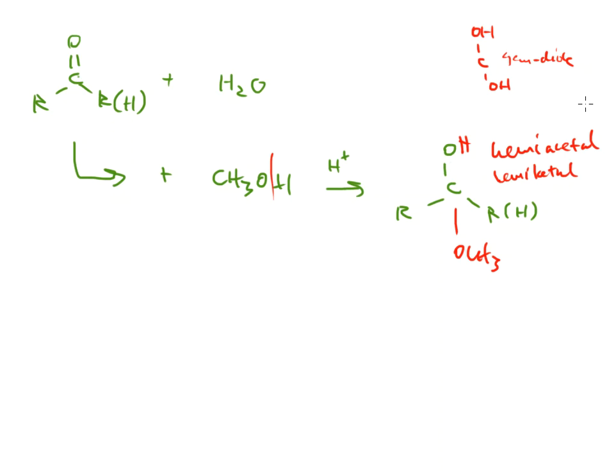Well, we can take this another step further. We can actually take this product and react it with CH3OH and H plus again for round number 2. And if we do that, that proton protonates the alcohol group. So again, the basics of the very beginning of the semester is still holding true, folks.